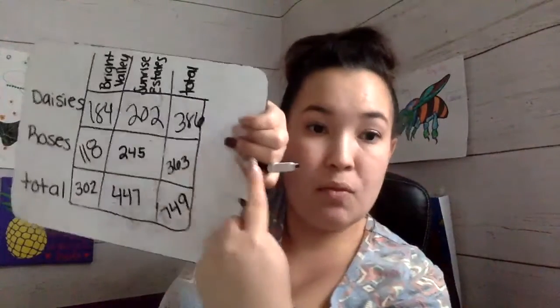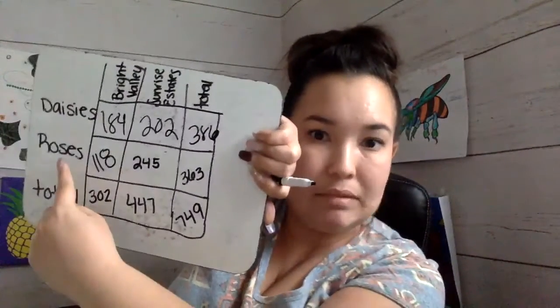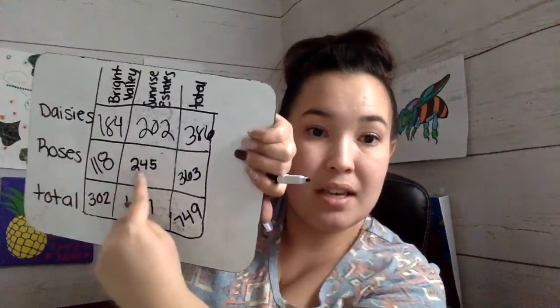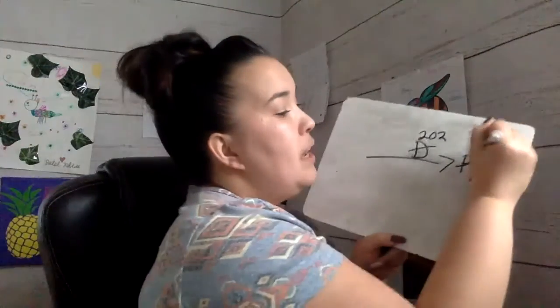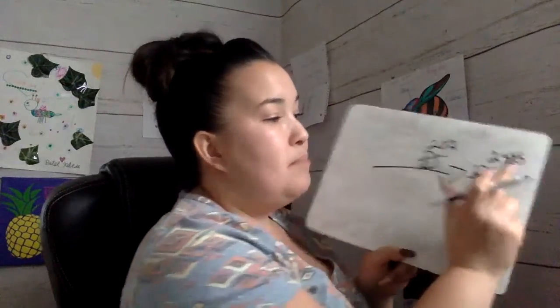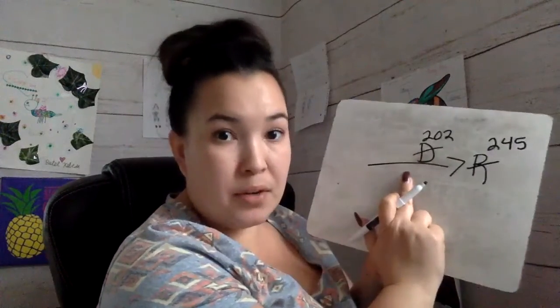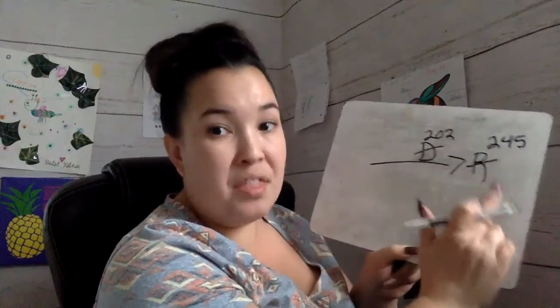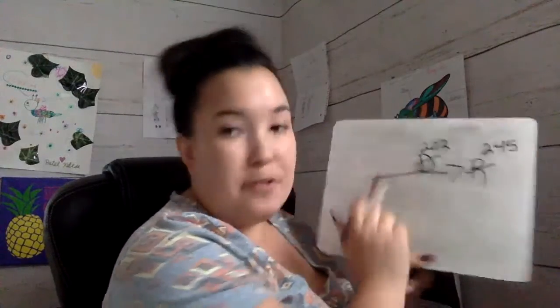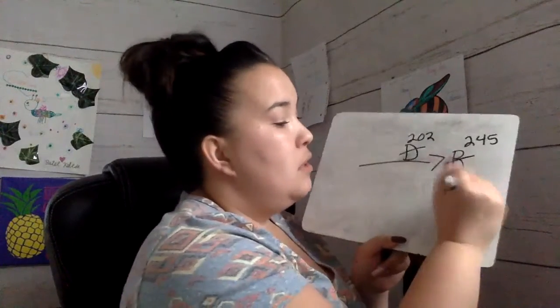How many roses are on Sunrise Estates? 245. And you know you're doing this right because you should never have a bigger number here than you have over here, right? Because these numbers are going to equal this number. So then I have to add or subtract to find the answer.